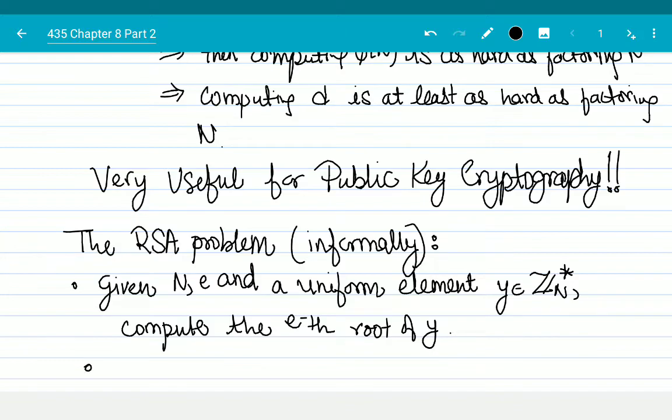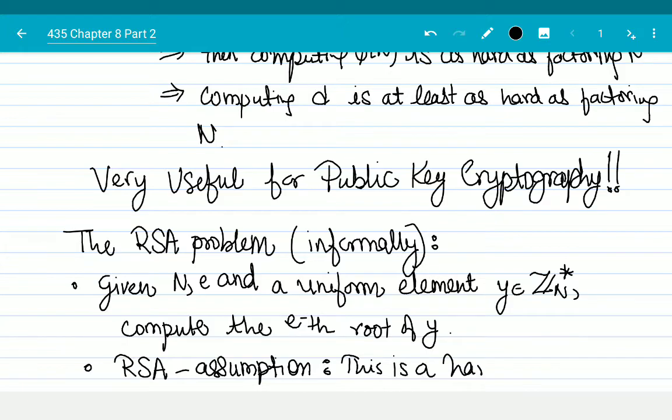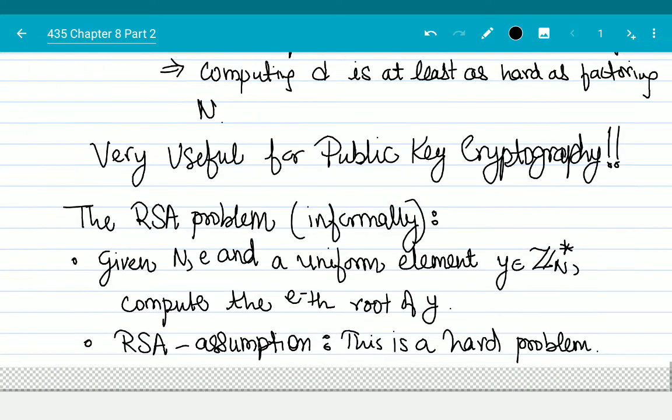What is the RSA assumption? This is a hard problem.